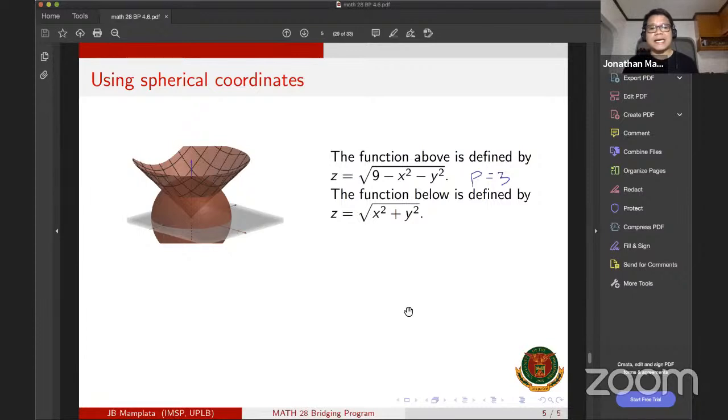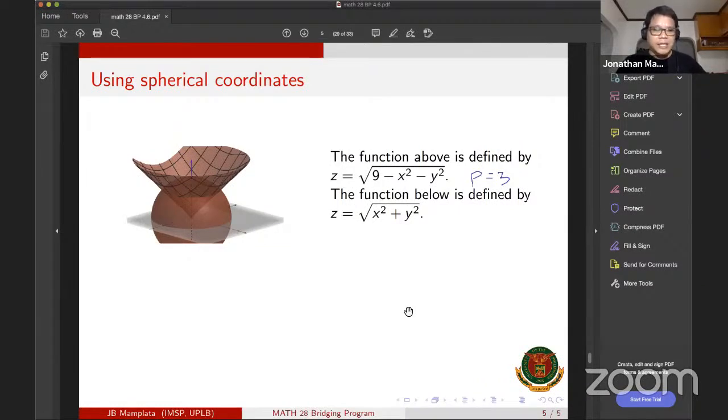So yung z, x, and y ay papalitan mo ng rho, theta, and phi. And if you solve the equation, you should get phi equals pi over 4. Okay? So, malinaw tayo doon. That is actually very important in the spherical coordinate system.